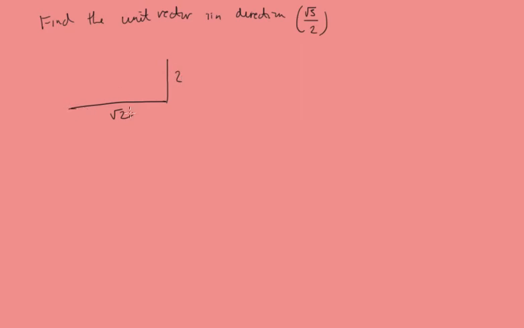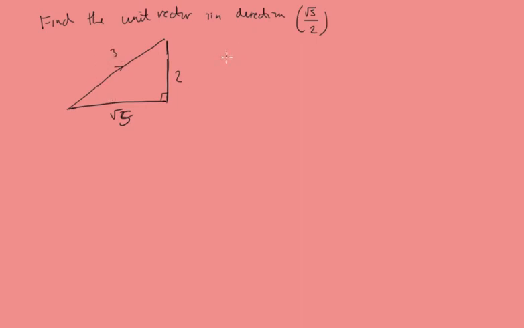So we want to find the unit vector in the direction (√5, 2). This means we've got a length here, √5, up to 2, and this is our magnitude here, and the magnitude would be 3.